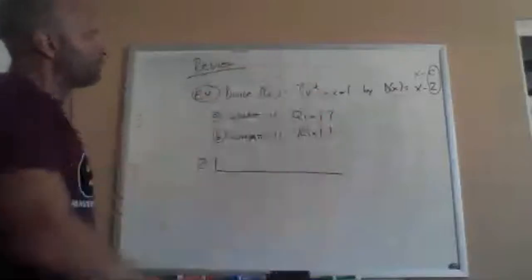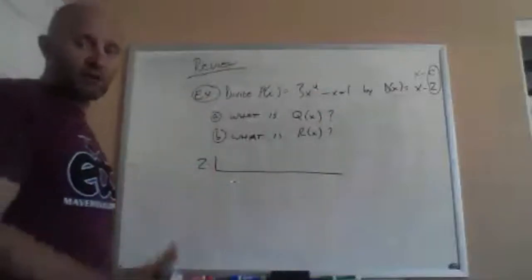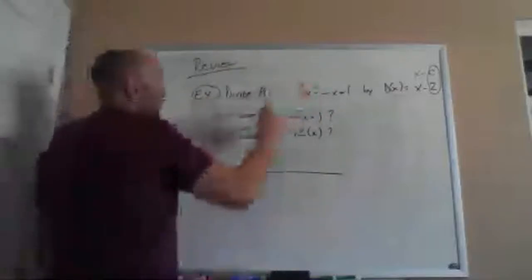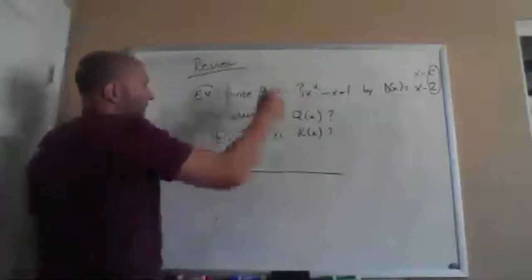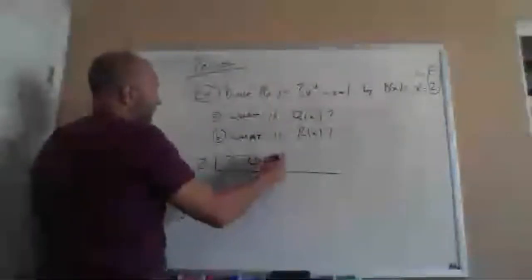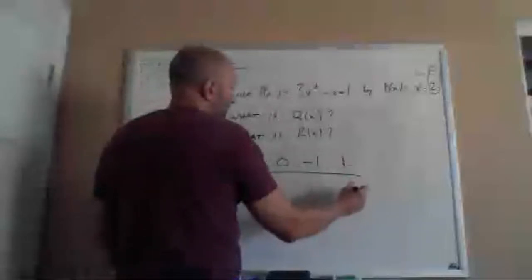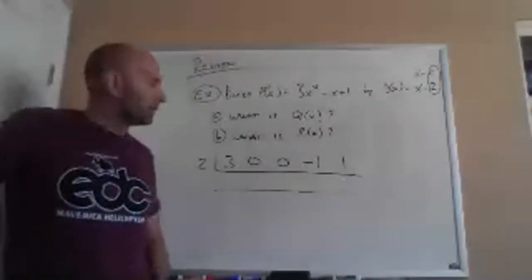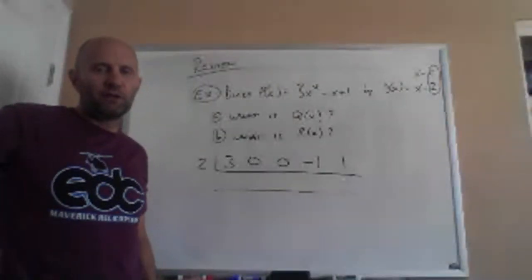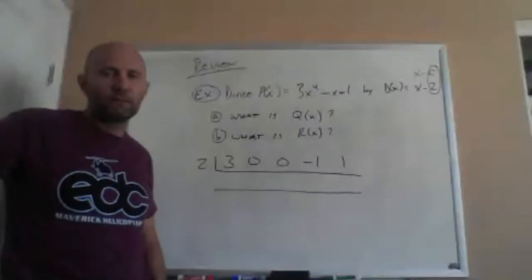Then we need the coefficients, and anything that's missing, we need a 0 for a placeholder. So I start with x to the 4th. There is no x to the 3rd. There is no x squared, x, and then 1. So this is what your setup should look like. Any questions on this before I start the synthetic division process?